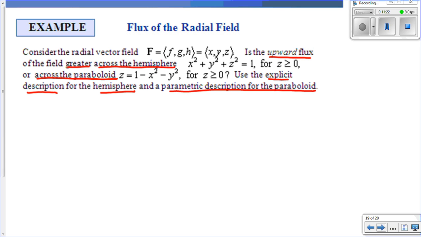So we're going to do this two different ways. So I'm going to look at the hemisphere, and then I'm going to look at the paraboloid. The hemisphere will use the explicit, and the paraboloid will use parametric. You could do either way. Just depends on which way you choose to do.